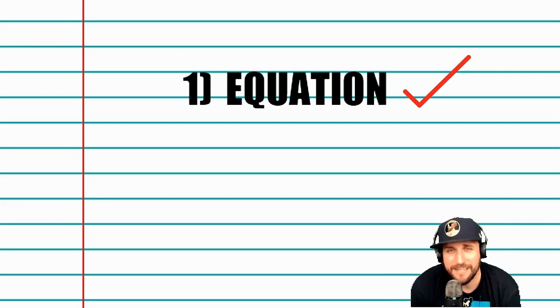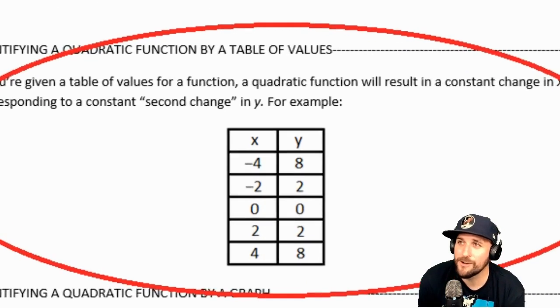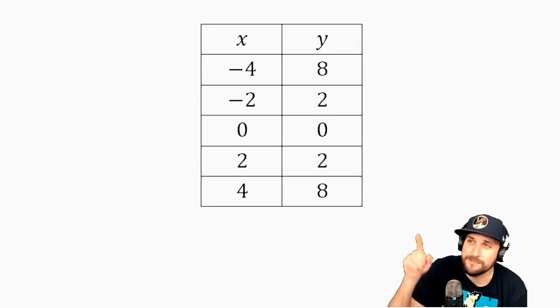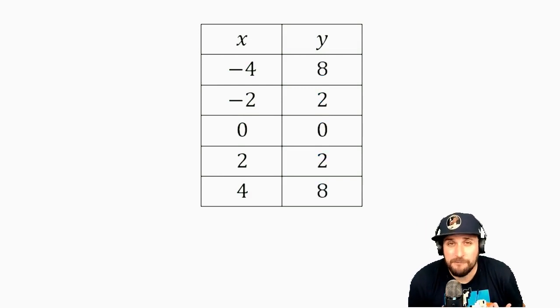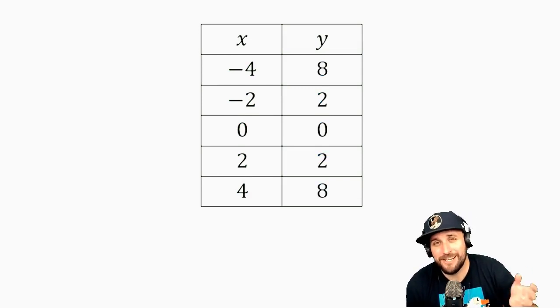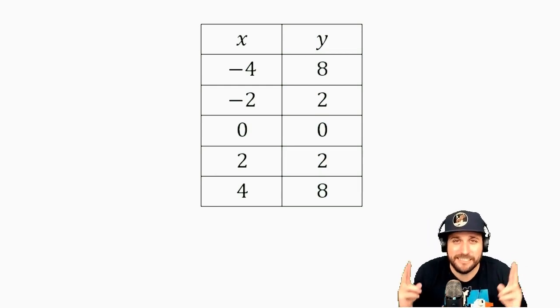Second way to look at them is by looking at its table of values. So if we look here at our example, we got all of our inputs, x, and all of our outputs, y. It's a little complicated, but we have to look at our change in x. And if we have a constant change in x, it should result in a constant second change in y.